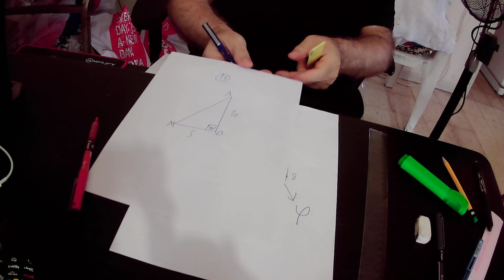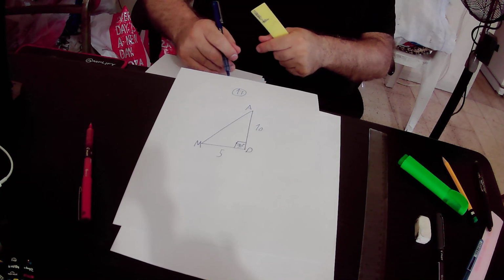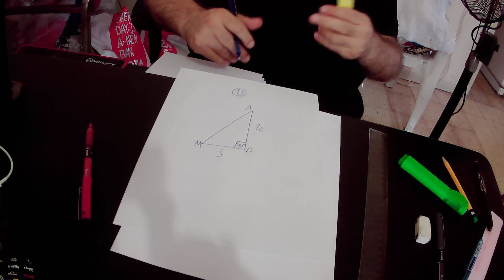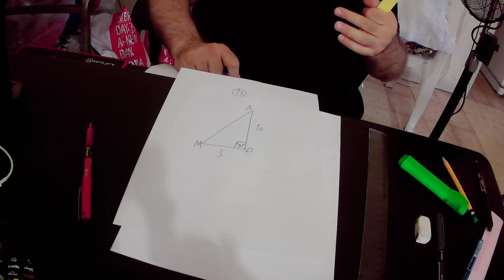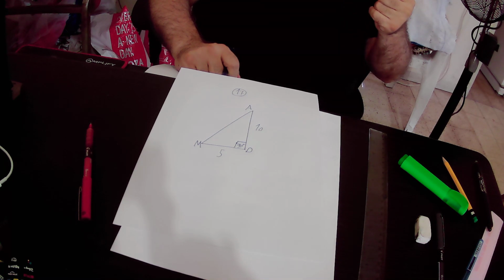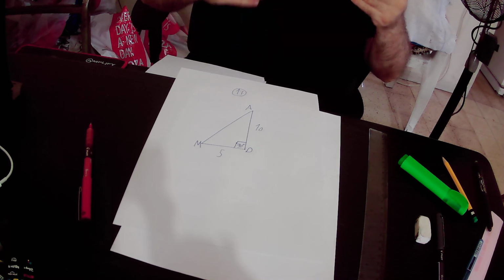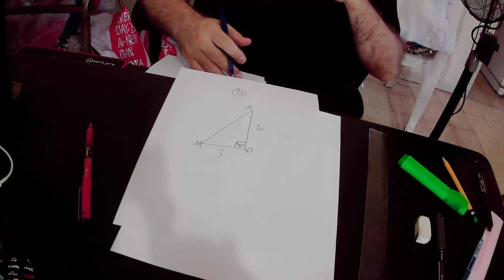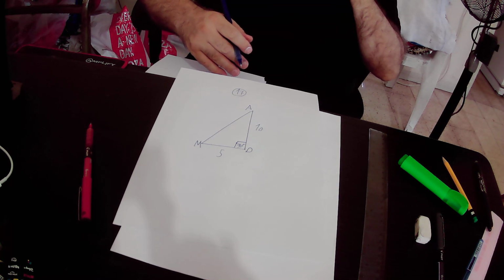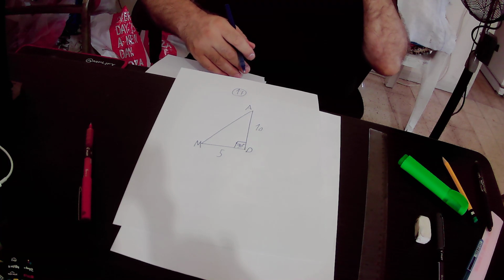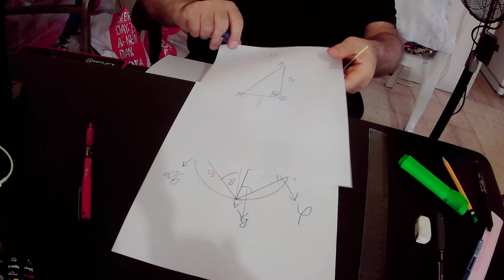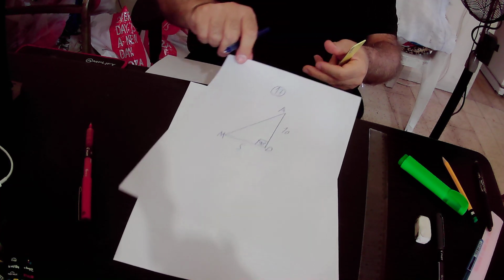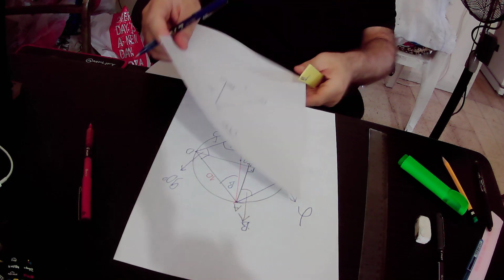So this is right triangle AMD. Side AD of this right triangle equals to 10 units. Side MD of the right triangle equals to 5 units. And AM is actually the hypotenuse of this right triangle, and AM equals the diameter of this circle. So we will mark it as D, abbreviation for diameter.